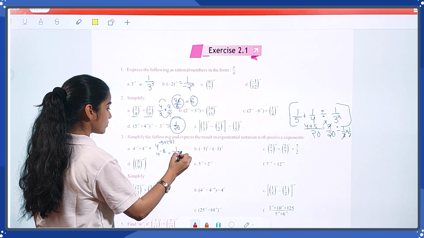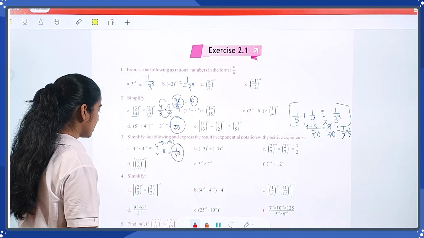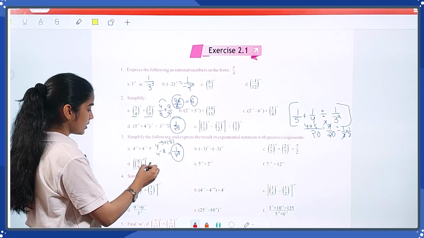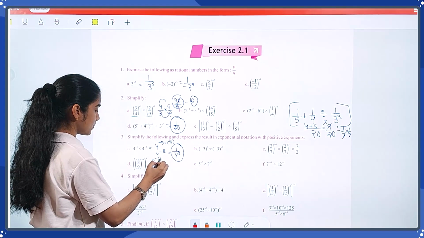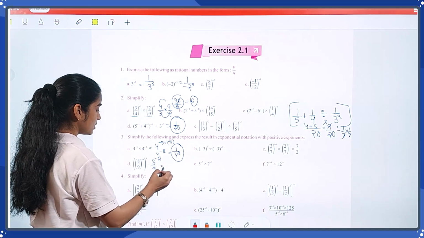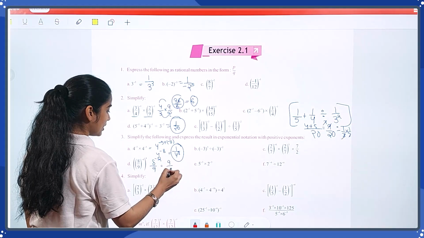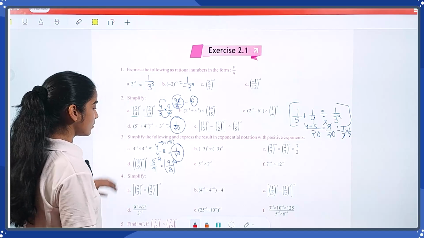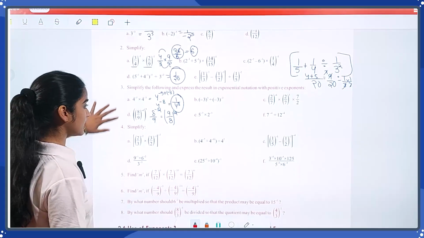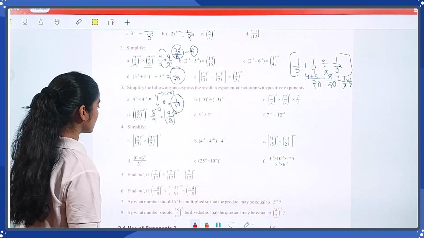So 4 raised to the power 8. Now 4 3s are 12. So 8 by 9 raised to the power minus 12. How we can convert it into 9 by 8 raised to the power 12. You can simply solve these questions like that and solve the rest of the questions in the same manner.